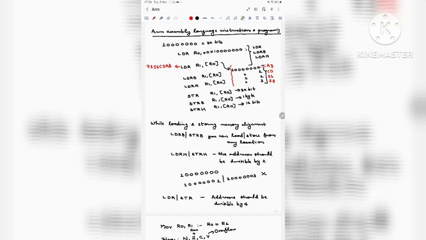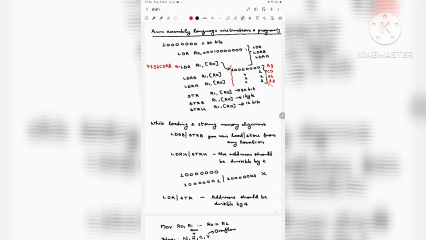So this is the lower address, and it corresponds to the lowest byte. And this is the higher address, which corresponds to the most significant byte. So we need to read from here to here. If it is big endian format, it will be the other way around, where the most significant byte corresponds to the lowest address, and the least significant byte corresponds to the highest address.